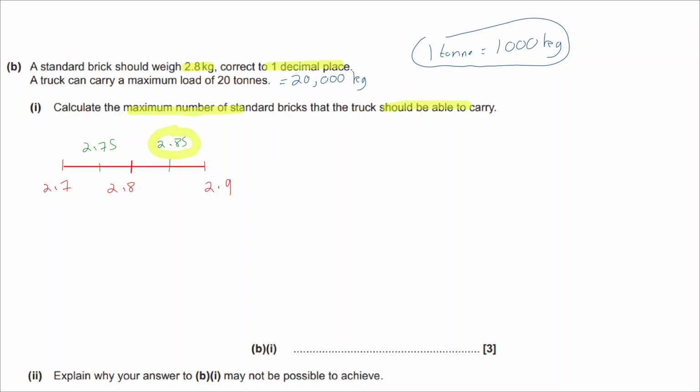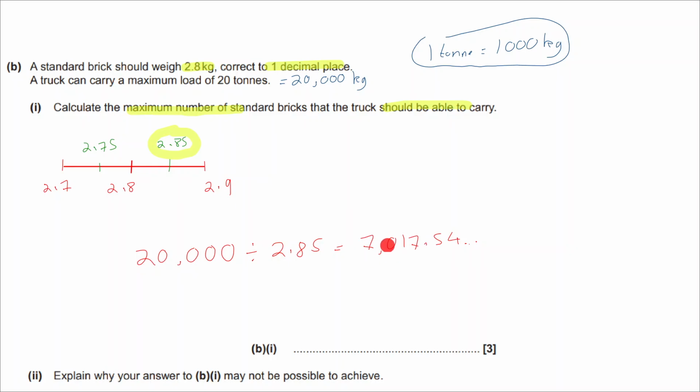So you can go and do 20,000 and divide it by the heaviest possible weight of the brick, which is 2.85, and that's going to give you an answer of 7,017.54... So how many bricks can you carry?